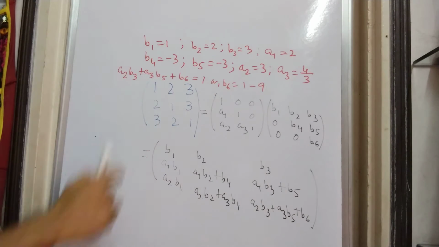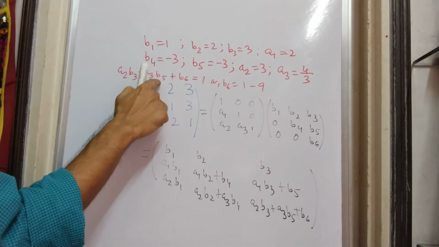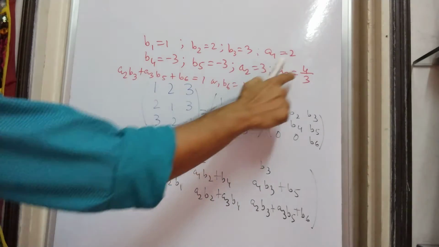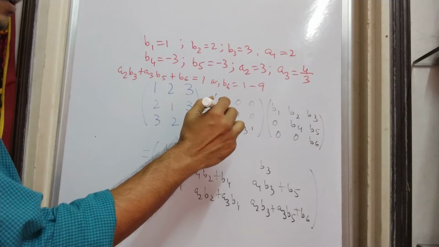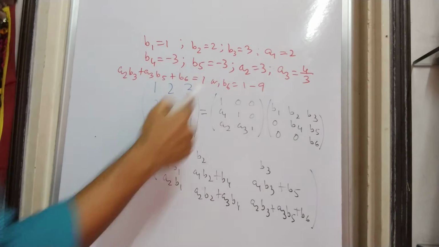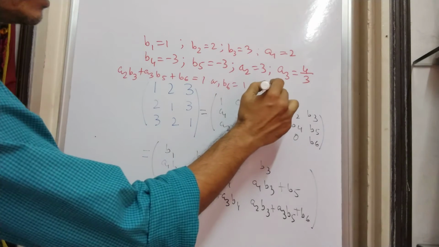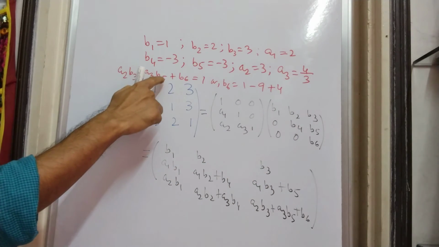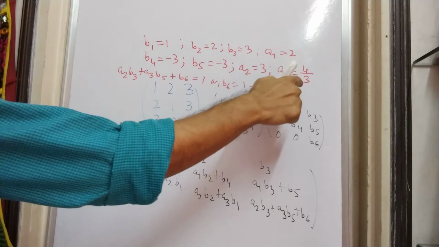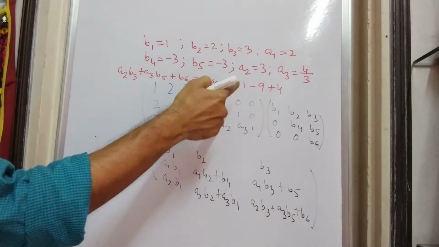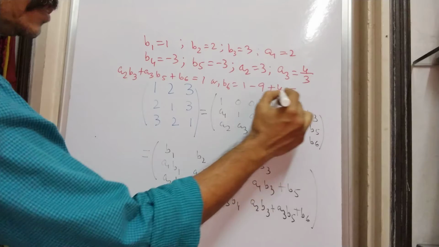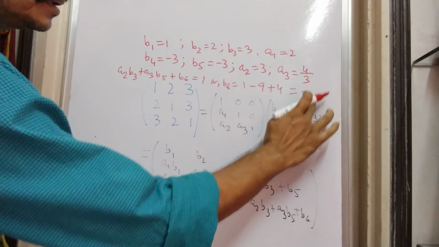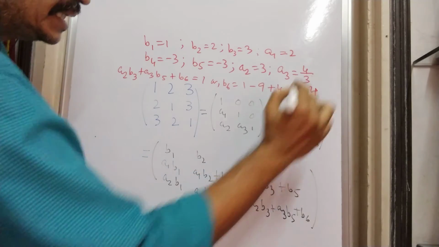And A3 B5, where B5 is minus 3 and A3 is 4 by 3, so A3 B5 is minus 4. So B6 is 1 minus 9 plus 4, and B6 becomes minus 4.